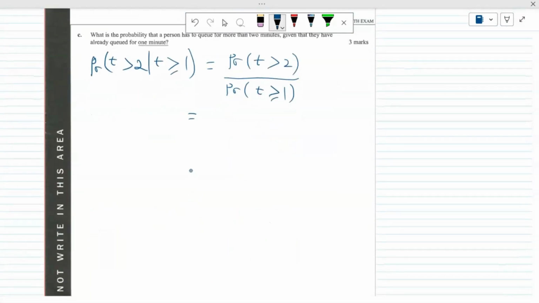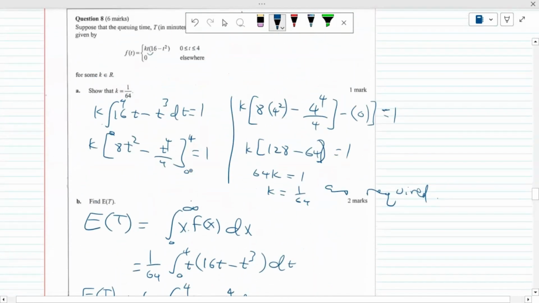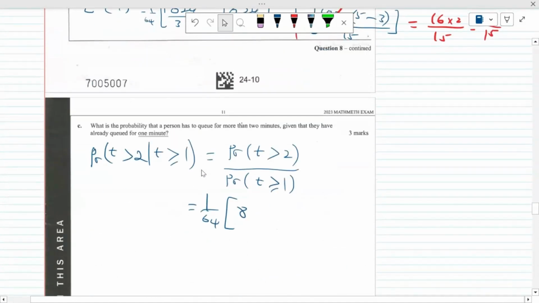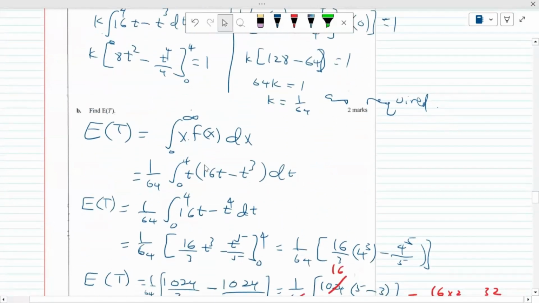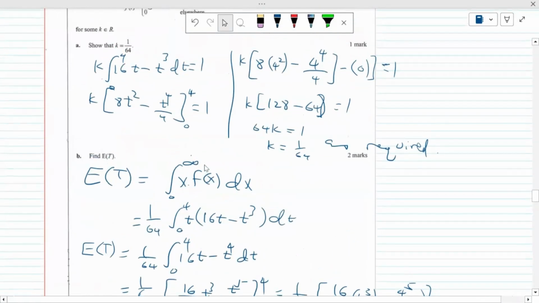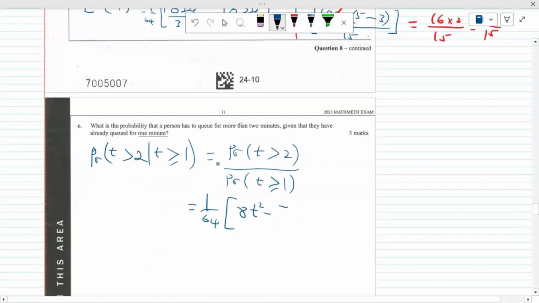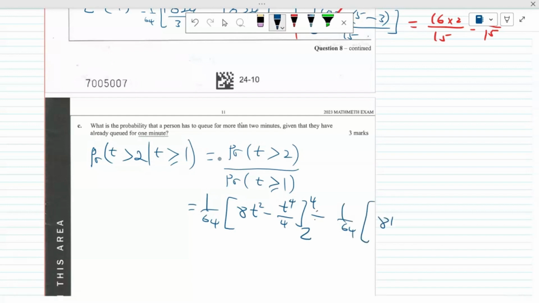So the k is 1 over 64 times the bracket 8t to the power of 2 minus t to the power of 4 over 4, from 2 to 4, divided by the same thing again on my denominator. Now it's just playing around with fractions.